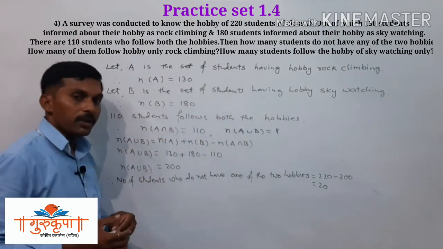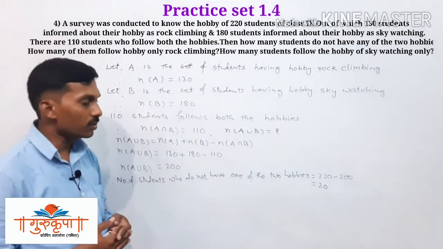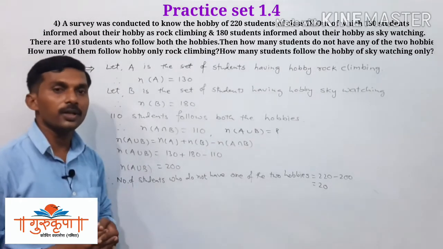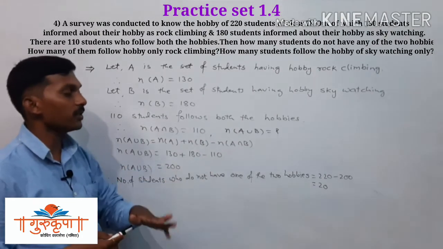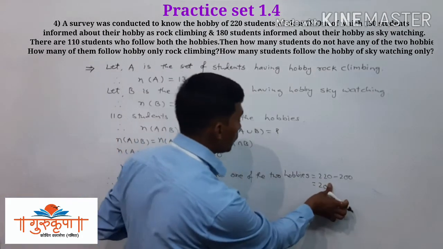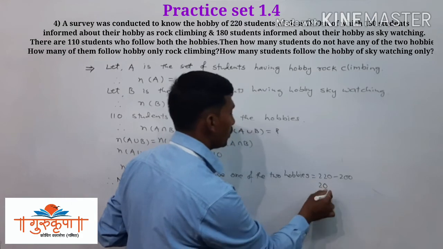There are 220 students in the class 9, so universal set having 220 elements, and A union B has 200 elements, and their difference is 20, means these 20 students do not have one of the two hobbies.